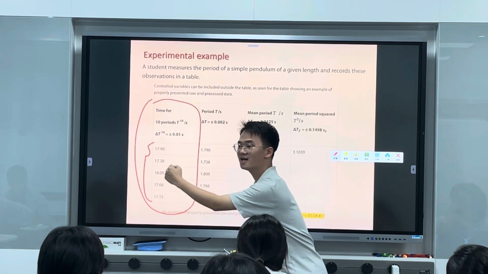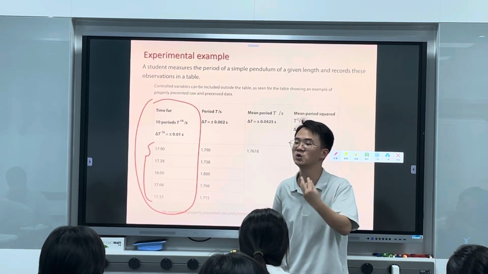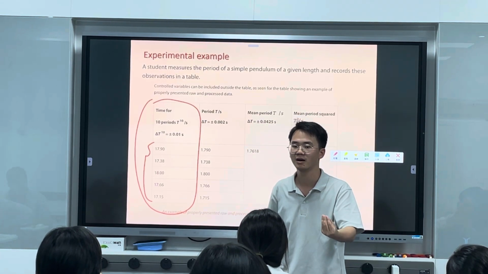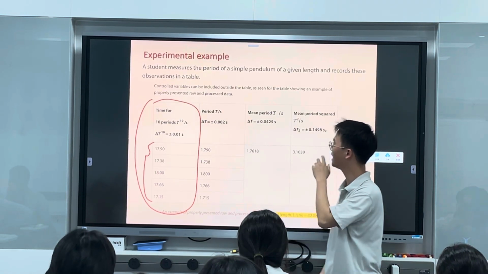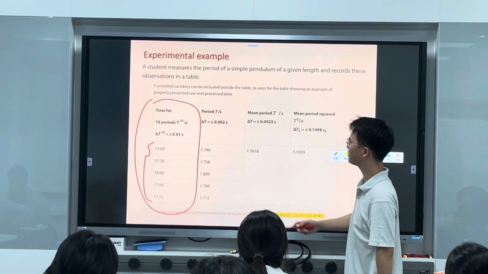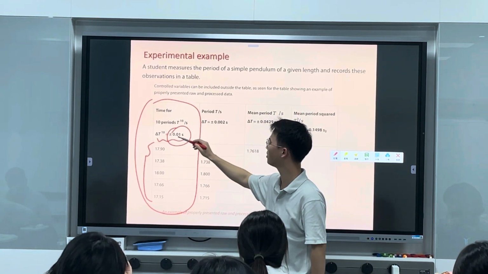But if you measure 10 swings in total and then divide by 10, you're reducing the uncertainty 10 times smaller. Does that make sense?